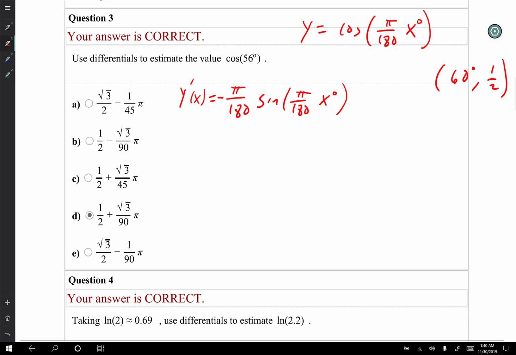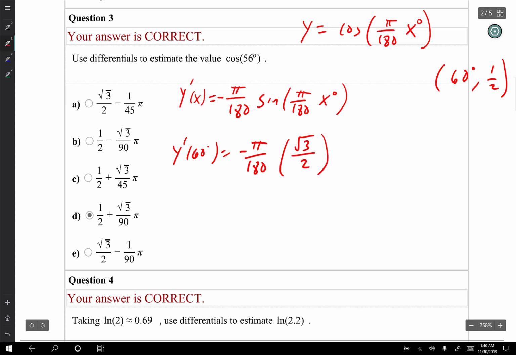So I'm finding my tangent line at 60 degrees, and I'm going to use that tangent line to approximate what my y value is when I'm at 56. Hopefully that made sense. So here we go. Y prime of 60 degrees equals negative pi over 180 times, if I put 60 in there, 60 over 180, that's pi over 3, sine of pi over 3 is square root of 3 over 2.